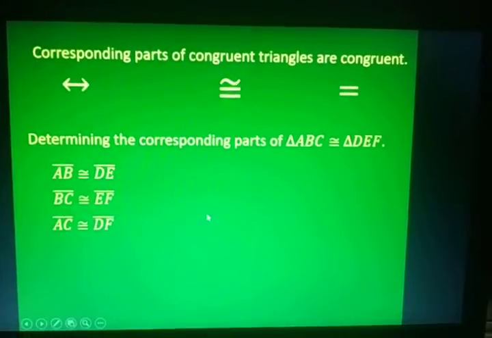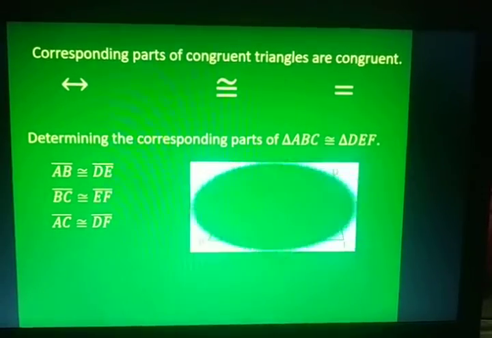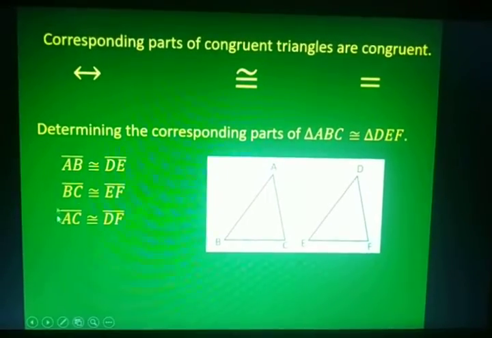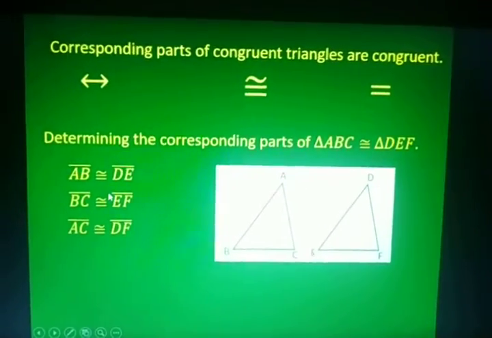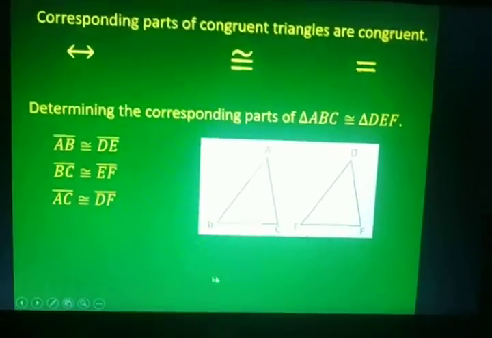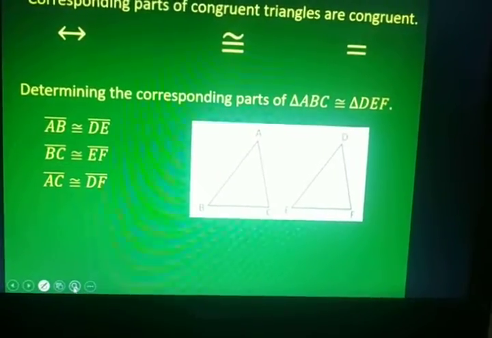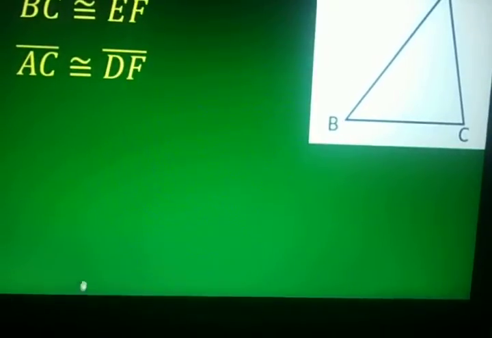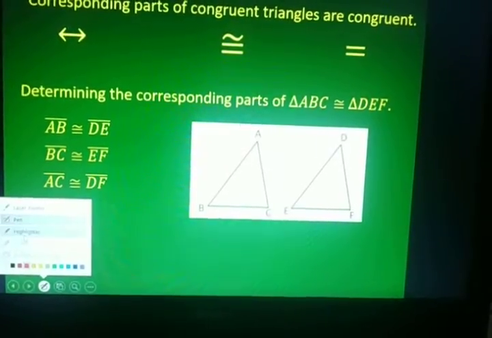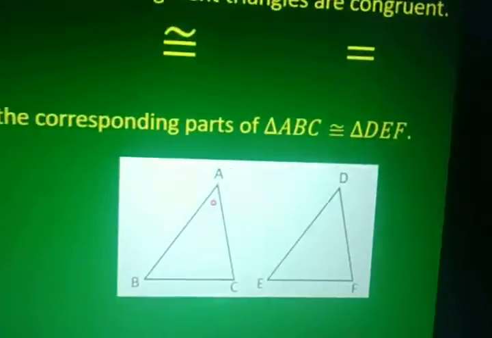It's still okay. But it is better if you have a drawing, two triangles, so you can visualize it clearly. Even though we don't have any drawing, we can still write the corresponding parts. And class, in this lesson, we will focus only on the sides.